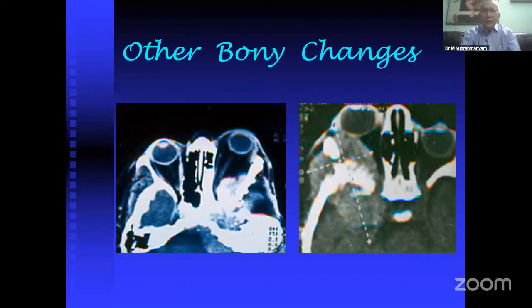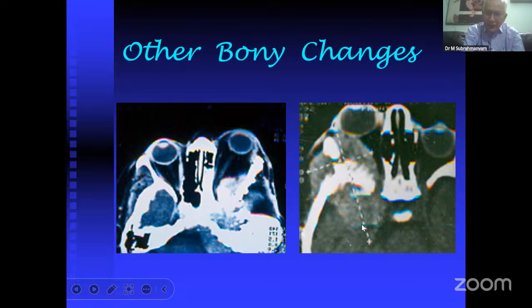What are the other bony changes that are important? Hypertrophy or hyperostosis. Hyperostosis is typical of sphenoid meningioma. Sphenoid meningiomas could be involving the medial wall or the lateral wall and have intracranial components and also may have calcification.